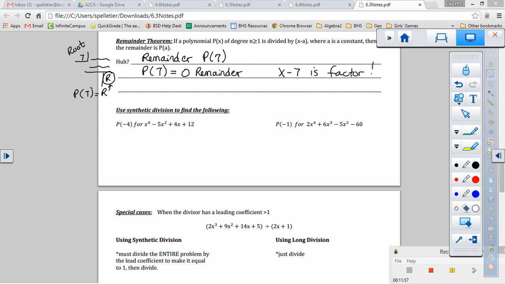So that would be the factor x. If that's a plus 7, it would be x minus 7. And if when you plugged in 7, you did not get 0, so this time the remainder is not equal to 0, then x minus 7 is not a factor.